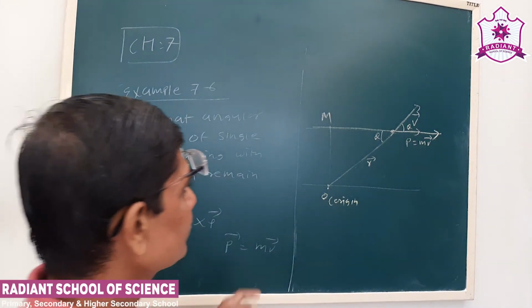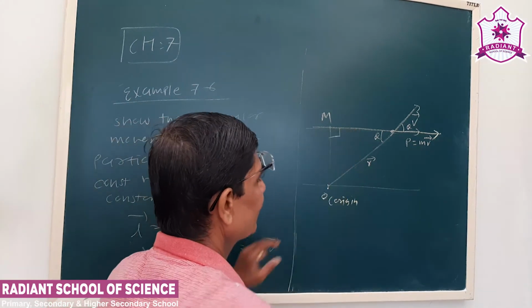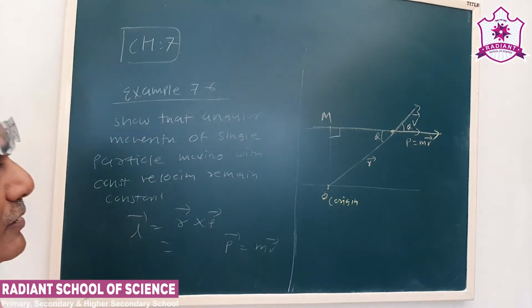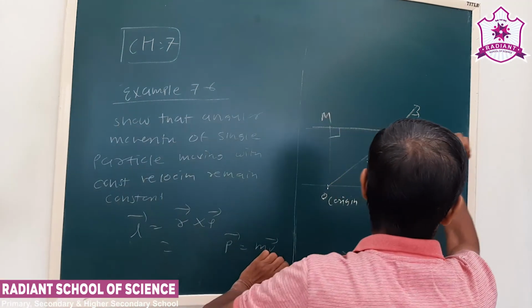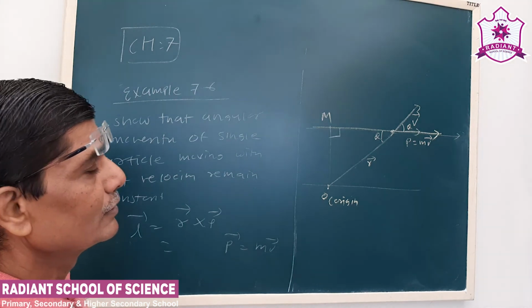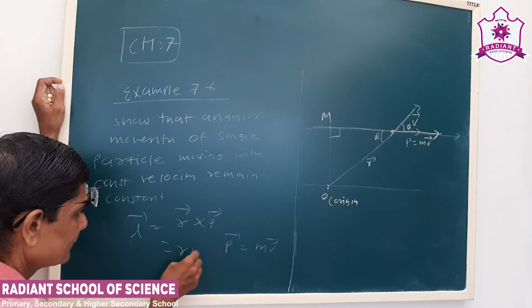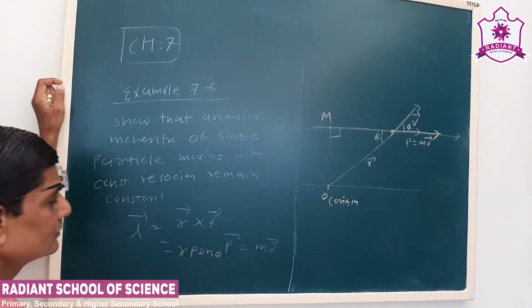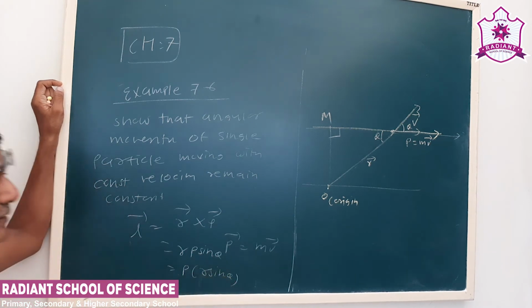These are two parallel lines since OM is a perpendicular distance. Now whatever may be the position of the particle, it is r cross p, rp sin theta. We can write it as p into r sin theta.